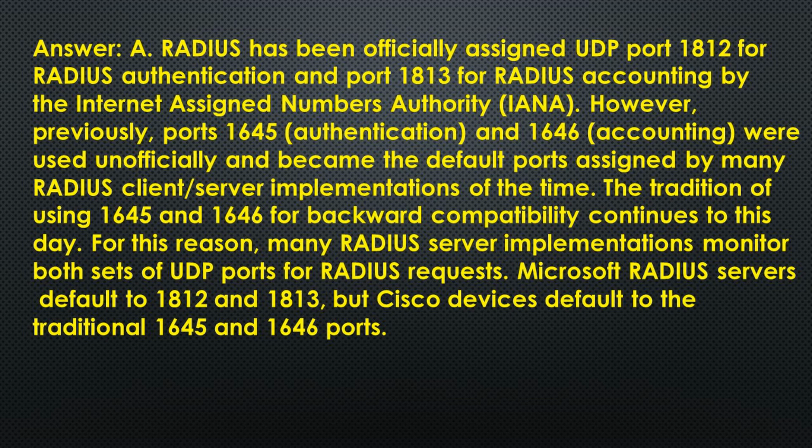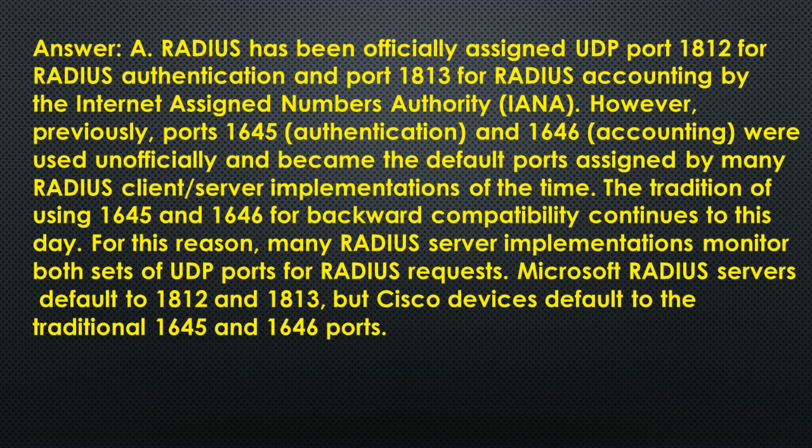However, previously, ports 1645, authentication, and 1646, accounting, were used unofficially and became the default ports assigned by many Radius client/server implementations of the time. The tradition of using 1645 and 1646 for backward compatibility continues to this day.